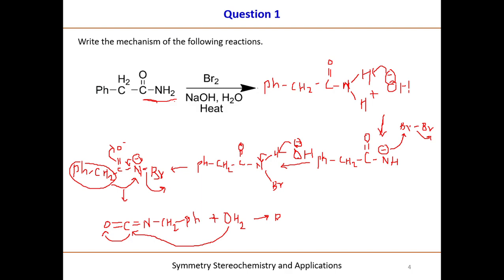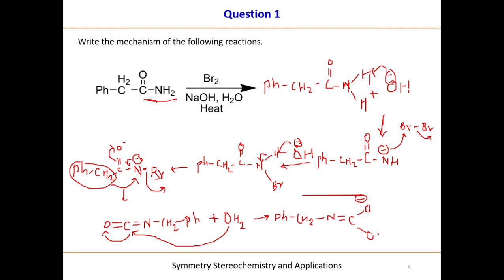Here I will write first CH2, nitrogen, double bond C, O minus, and H2O is attacked here.